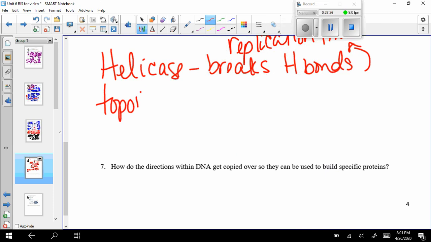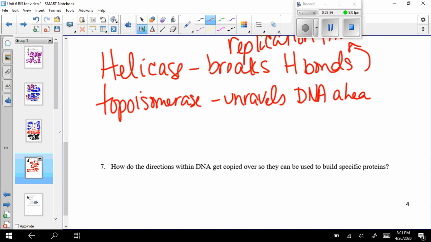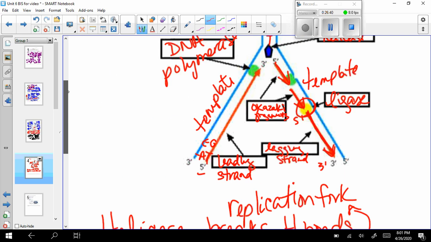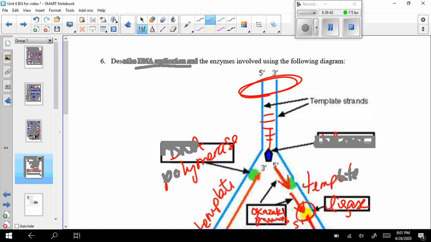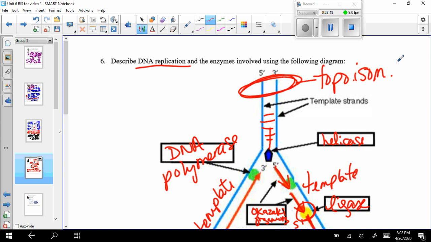The first one's called topoisomerase, and this unravels the DNA ahead of the fork. So if I go back to my picture, my topoisomerase would be working way over here. So topoisomerase is helping to unravel it.